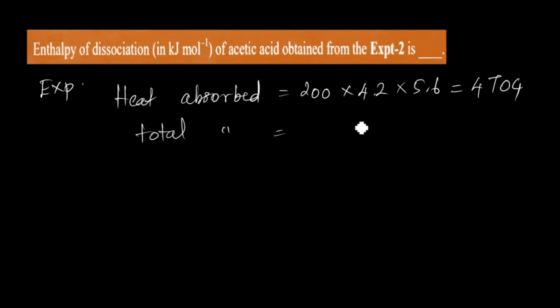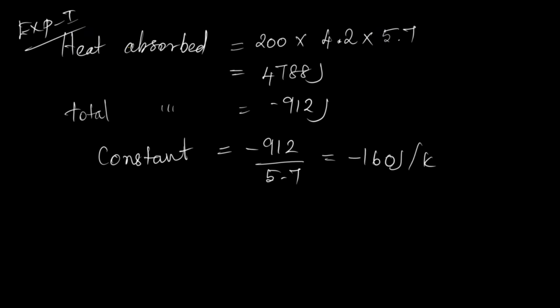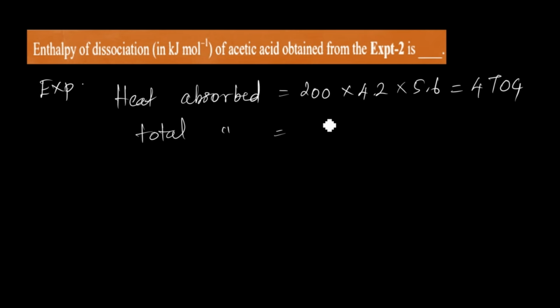I found the calorimeter constant as 160, right? So 160 into 5.6, the temperature change over here, is 896 as the heat absorbed by the calorimeter.